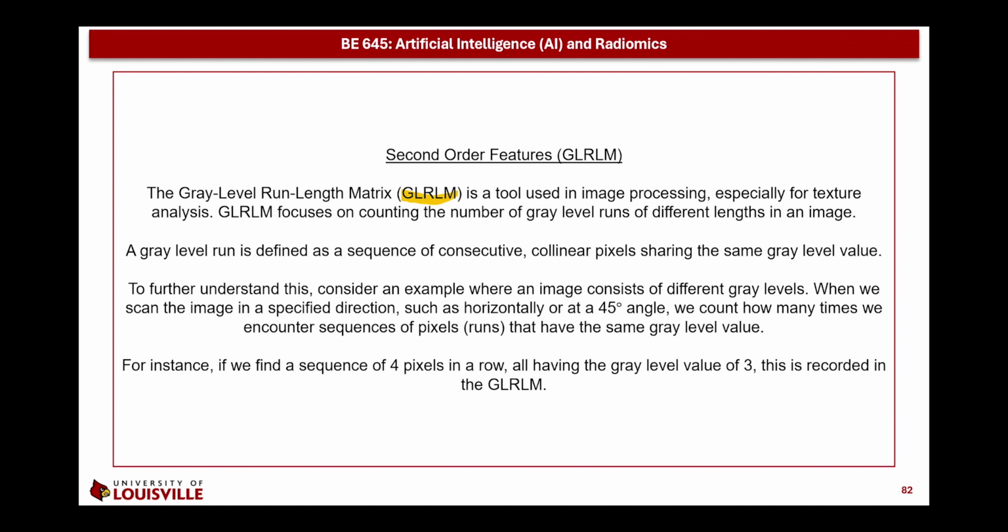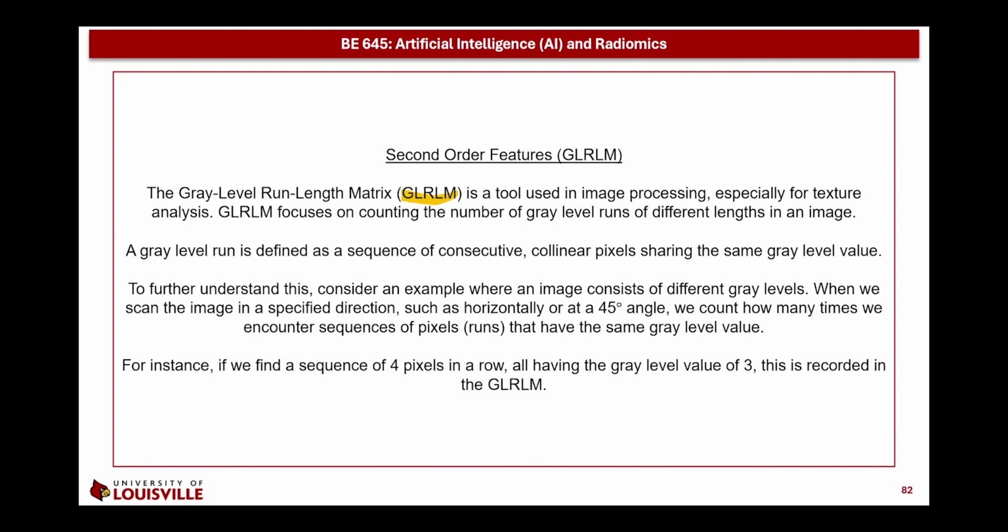So in GLRLM, a gray level run is defined as a sequence of consecutive collinear pixels sharing the same gray level value. To further understand this, consider an example where an image consists of different gray levels, and we scan the image in a specified direction, such as horizontally or at an angle of 45, and count how many times we encounter sequences of pixels, or runs, that have the same gray level value.